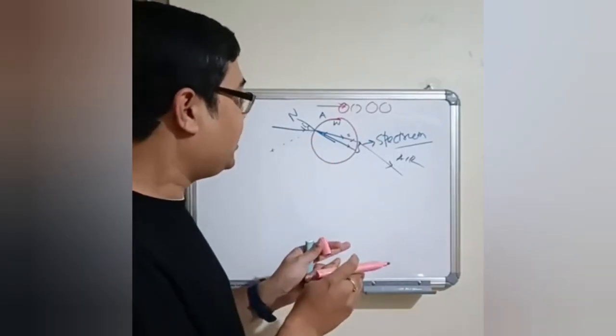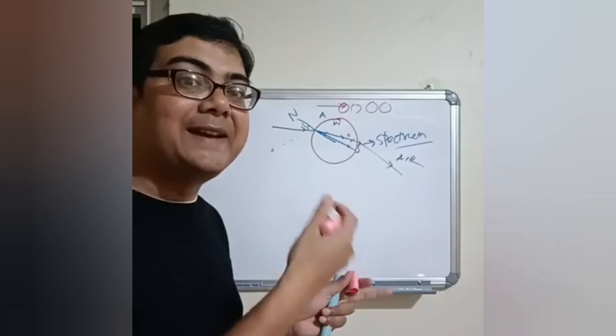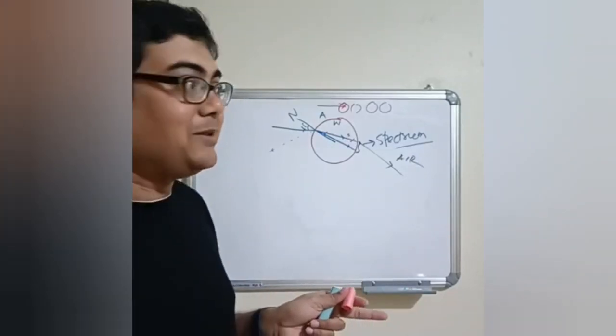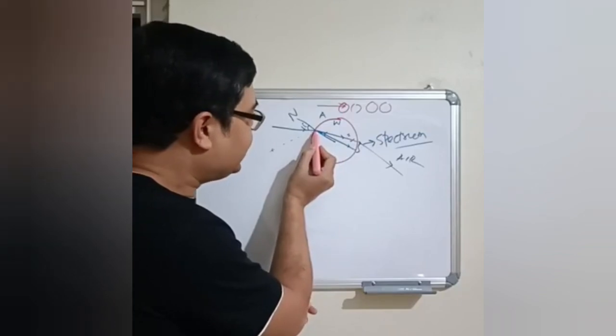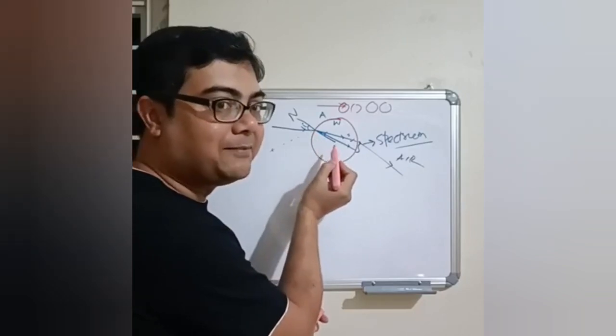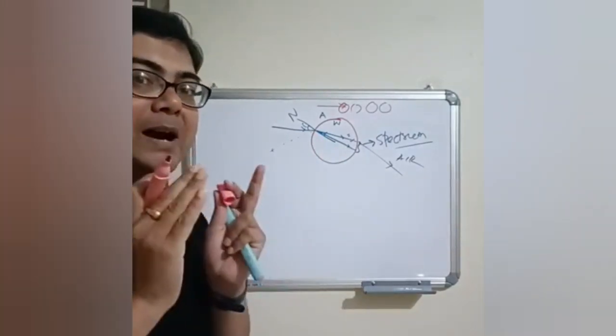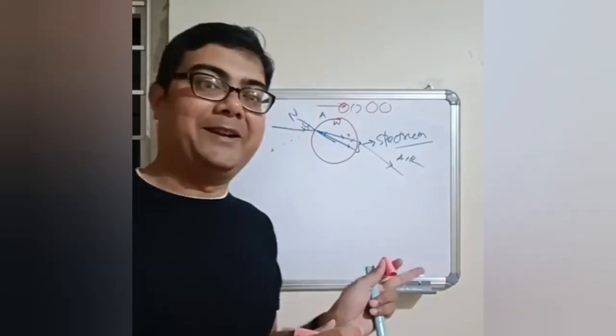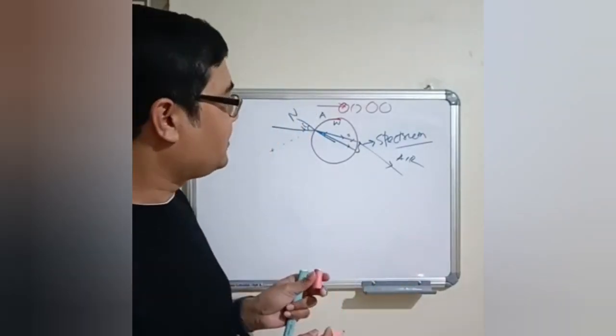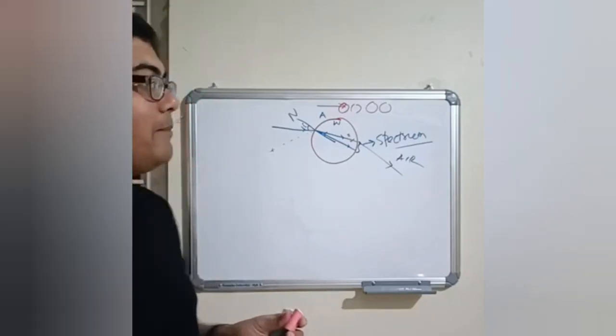Now the interesting thing is happening. If we don't allow it to exit into the air medium, so if I want this ray to come back inside the water medium, then it must be greater than the critical angle of the water medium, right? So it must be greater than the critical angle, you have to remember.